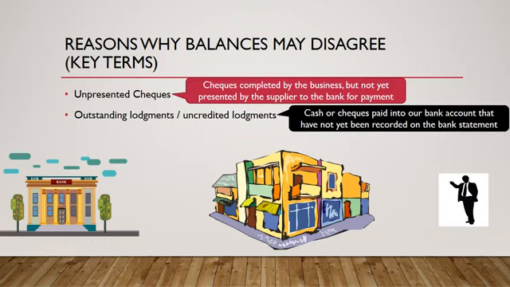So for beginners, I shall not dwell too deep into the bank reconciliation. I've tried to simplify that much. So these are the basic terms: unpresented checks and outstanding lodgements. These are the two most basic terms you actually find in a bank reconciliation statement.